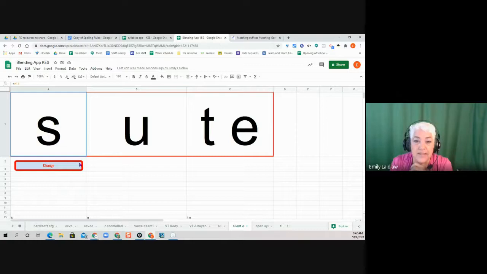Okay? So blending as a skill is very helpful. It's crucial. Blending to automaticity is what we would like to see. We don't want kids to have to, every time they come to a new word, say s, e, mimsy, or the borogoves.